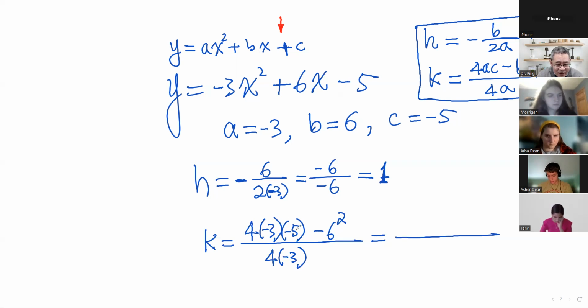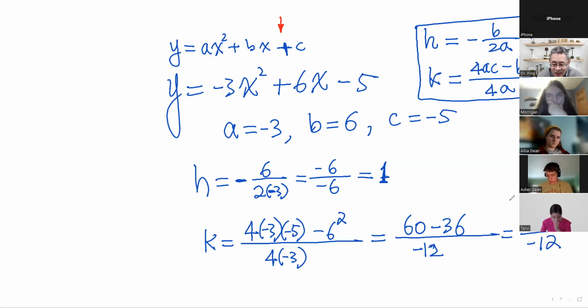So 4 times 5 is 20, 20 times 3, so we got 60 minus 36. And then bottom is 12, -12. Now the top, we got 24, bottom -12, and that give us -2. So therefore, our vertex point is 1, comma, -2.